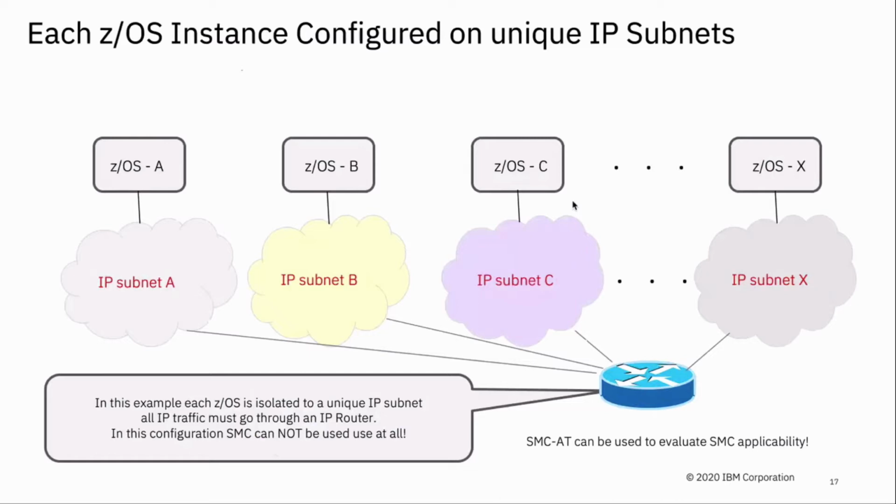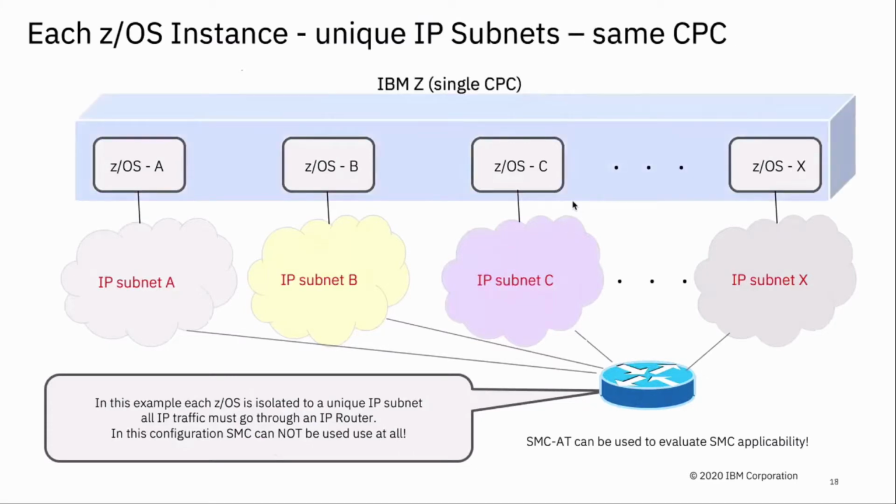Those reasons may have diminished over the years, but there used to be valid reasons for recoverability and isolation. Nevertheless, customers that have this type of IP topology could not use SMC at all. And if those customers had those same z/OS images as LPARs on a single footprint, they also could not use SMC-D. Although their IP connections can traverse the routers, SMC technology could not.